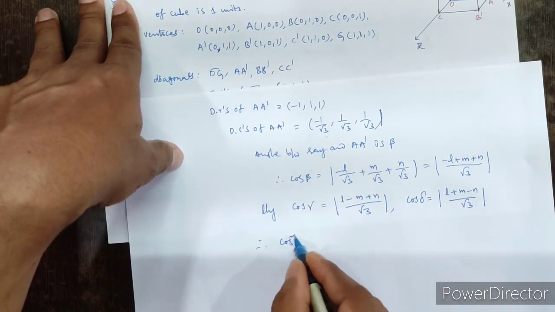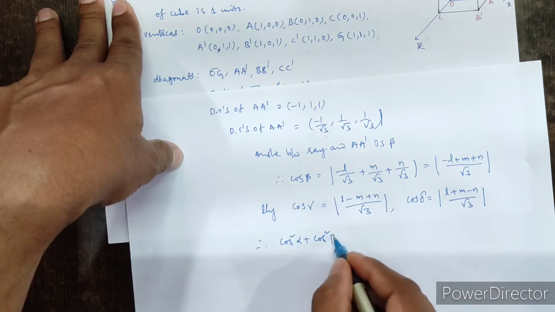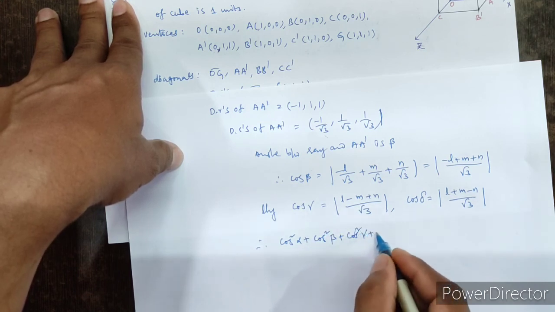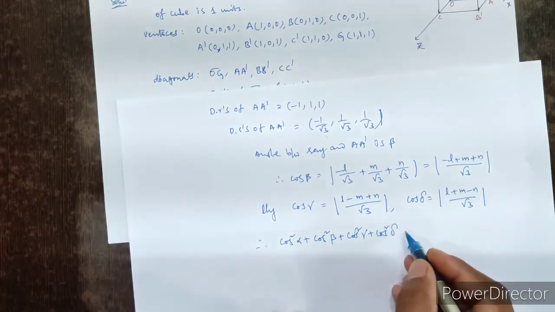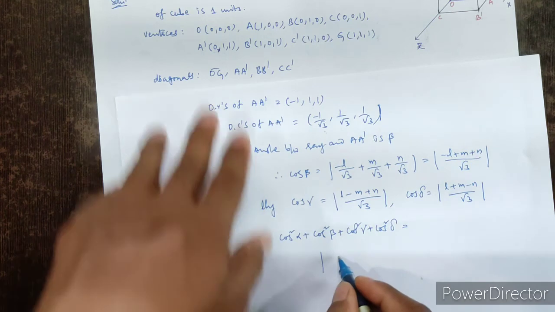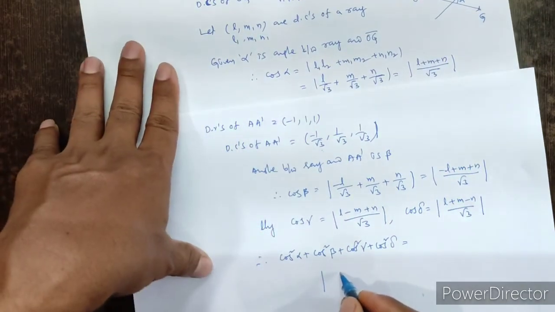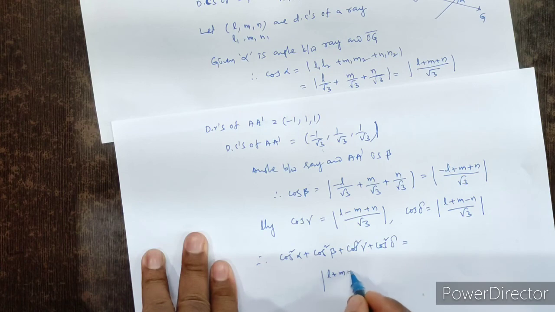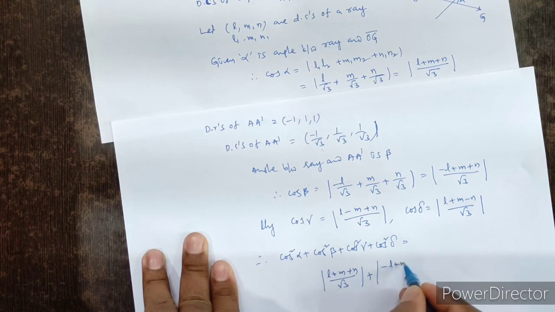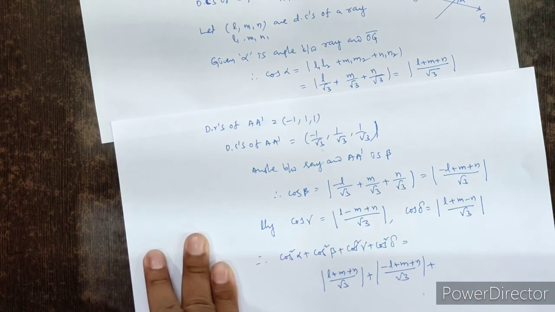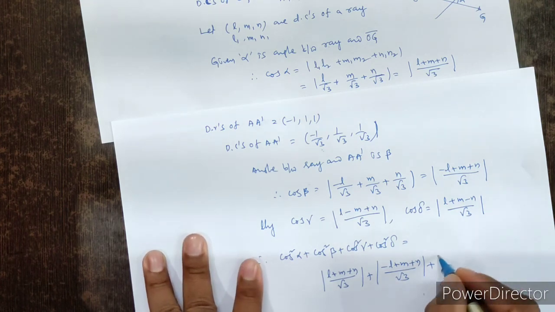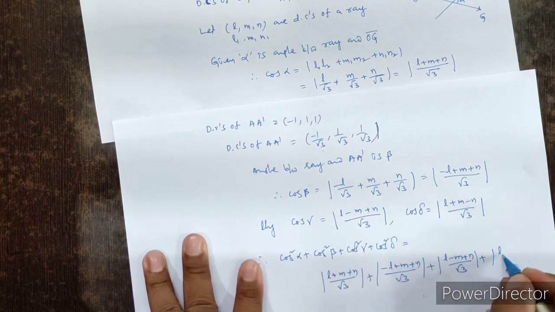Therefore cos square alpha plus cos square beta plus cos square gamma plus cos square delta equal to the square of L plus m plus n by root 3, plus the square of minus L plus m plus n by root 3, plus the square of L minus m plus n by root 3, plus the square of L plus m minus n by root 3.